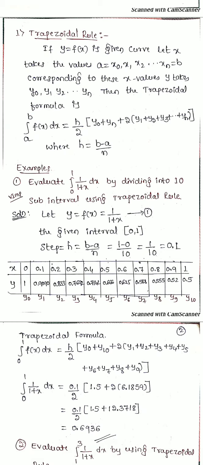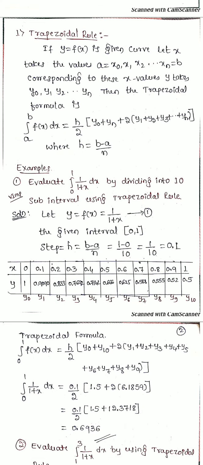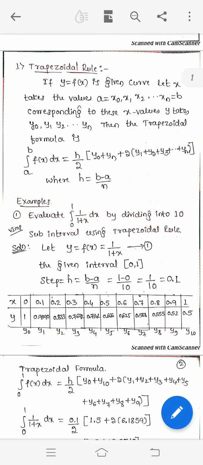Then the trapezoidal formula, or trapezoidal rule, is given by the definite integral from a to b of f of x dx, which is equal to h by 2 into y0 plus yn.